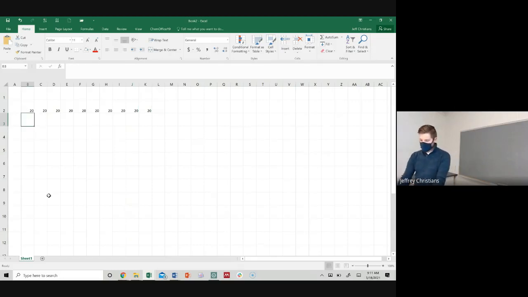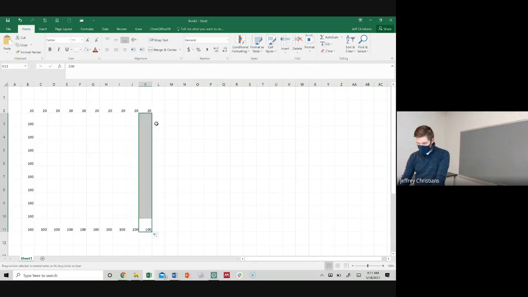So the top is 20, the sides are 100. So that's 1, 2, 3, down to 11. 1, 2, 3, 4, 5, 6, 7, 8, 9, 10. Okay. So that's 100. Now over to here. Now over to there.